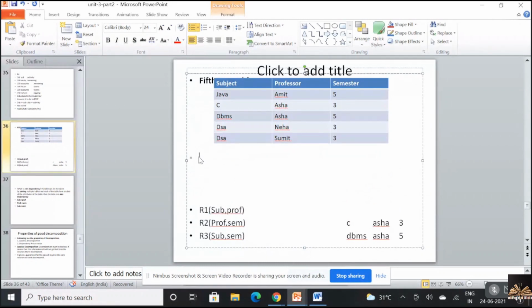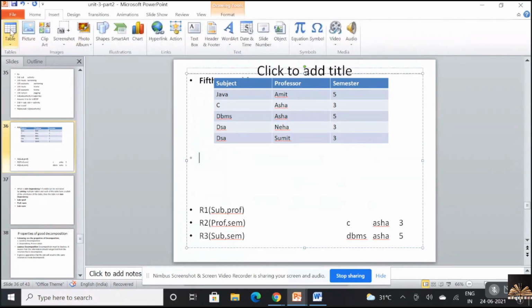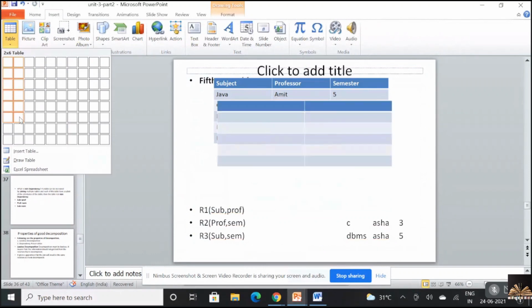Okay. See, I'm just trying to insert subject professor first. Insert table with two columns.